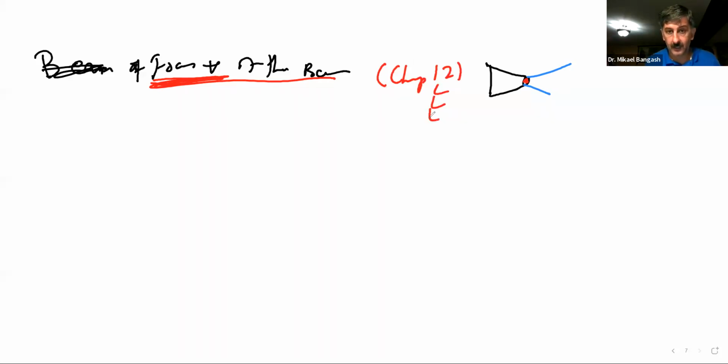Again and again. And you will see that whenever we talk about focusing, it's about how the beam will focus.